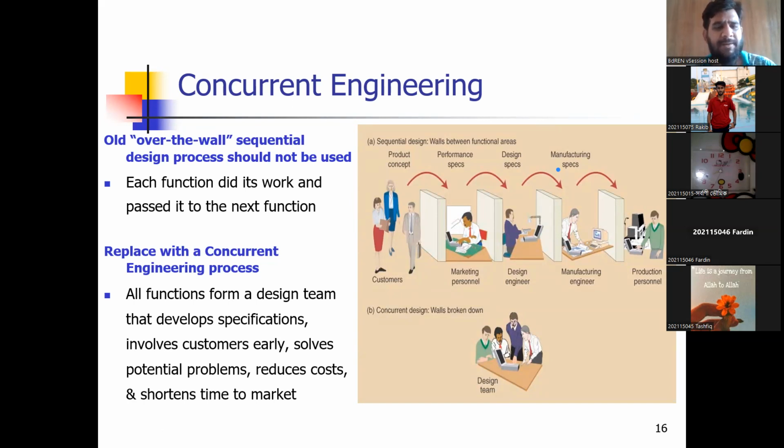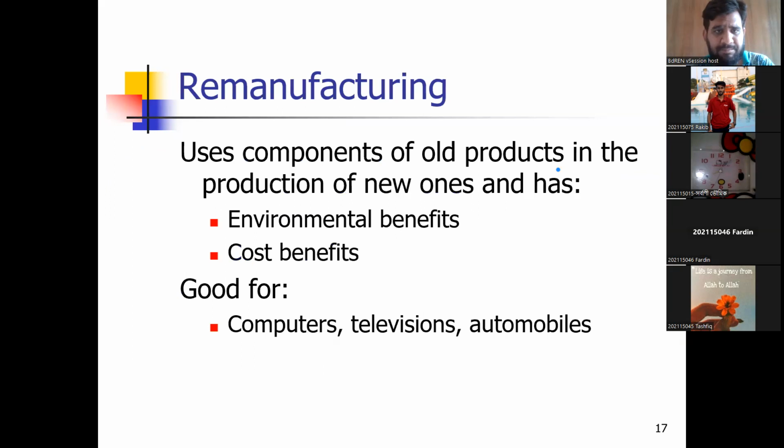In case of design, you will design the product in a team. In case of the production process, the walls will be broken down, and together, in a related way, we will produce the product. It is known as concurrent engineering in operations management.